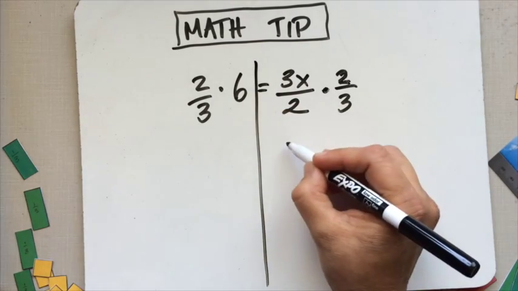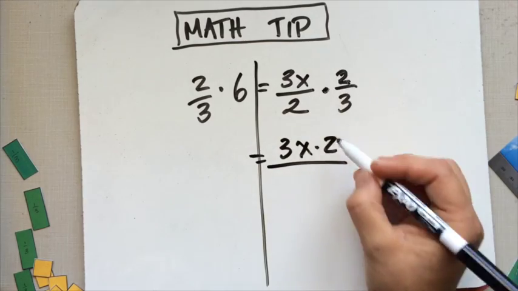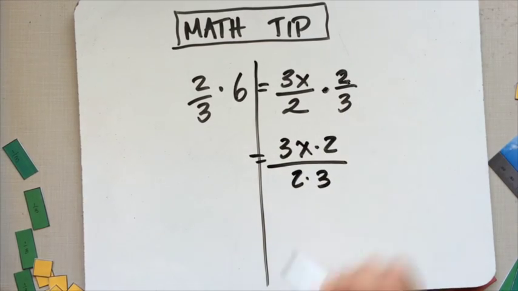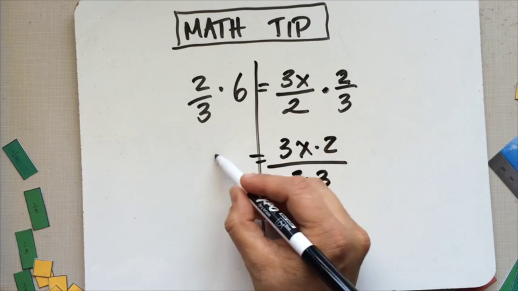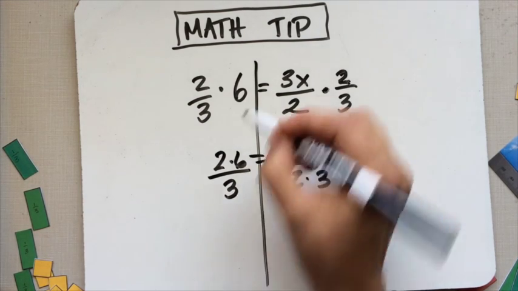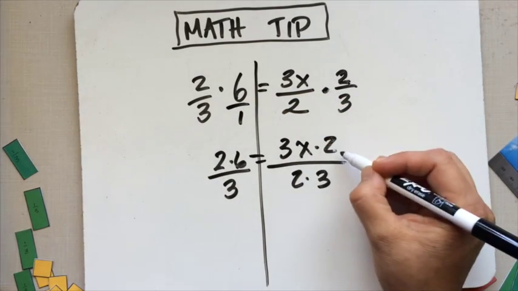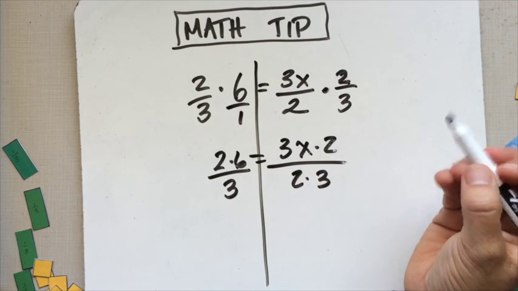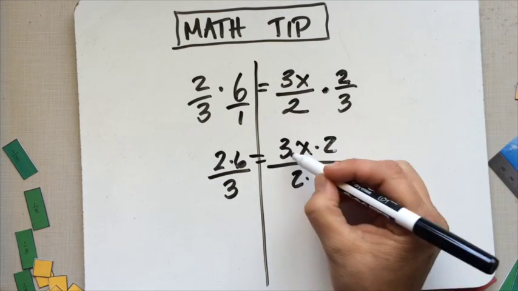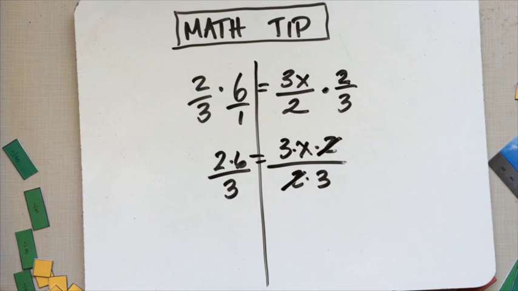2/3. And I get 3 times x times 2, right, when I multiply across the top, and 2 times 3 in the denominator. On this side, I get 2 times 6 all over 3, multiplying the numerator times the numerator, denominator times the denominator. And here, I wouldn't multiply and then simplify. I really like leaving it as factors and saying if I have a 2 in the numerator and a 2 in the denominator, they cancel.